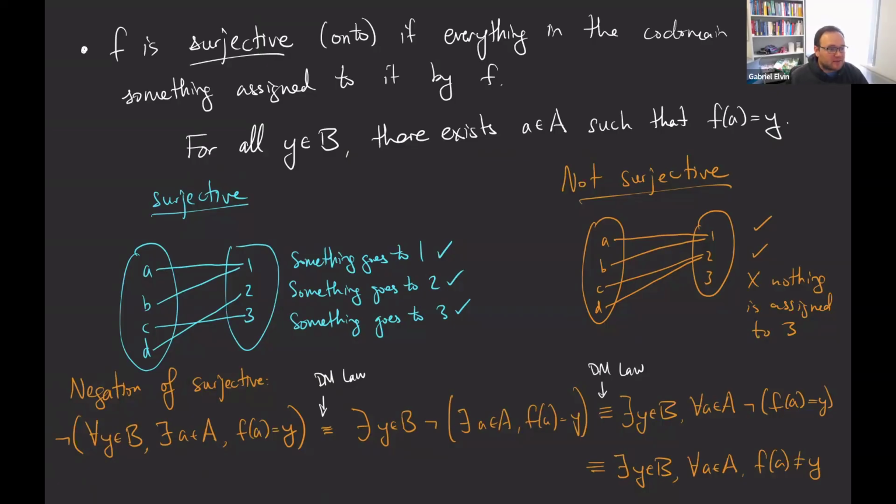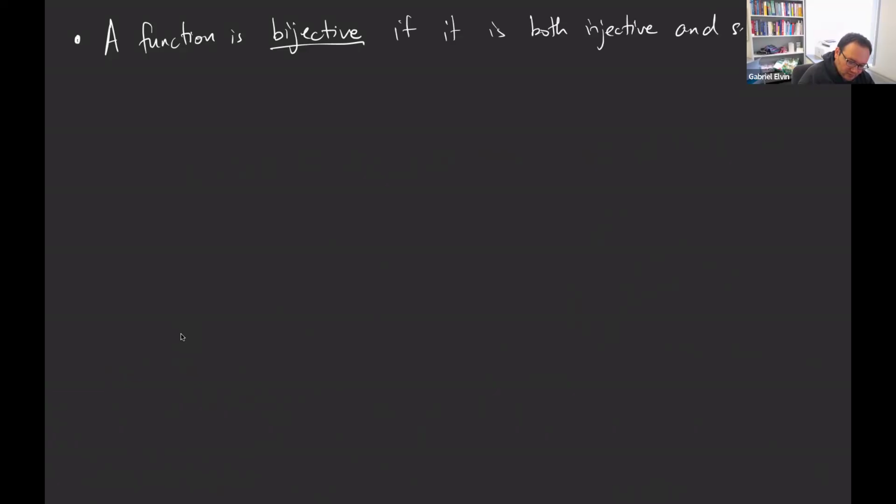All right, last property of functions. Now that we have the first two, this one's kind of the easiest to describe. A function is bijective if it is both injective and surjective.